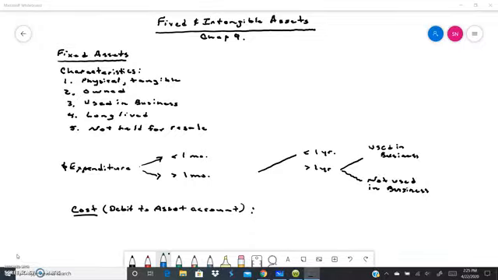So first of all, coming back to fixed assets, typical examples of fixed assets would be, and I can just write a couple here, obviously land, buildings, that would include warehouses, equipment, vehicles, so that could be delivery trucks, that could be other vehicles that are used, furniture and fixtures, could also include, as part of equipment, computers.